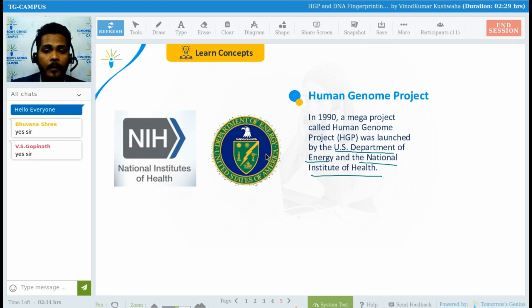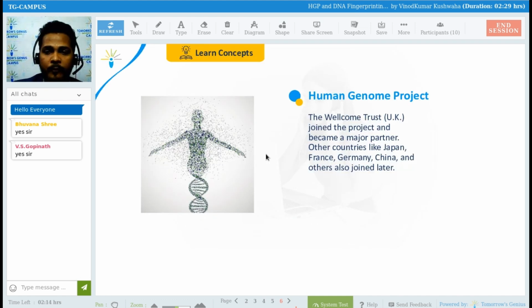Now later on, one more institute, the Wellcome Trust, joined the project. Means later on, once it was launched, the third partner came, joined the project and became a major partner in that project.